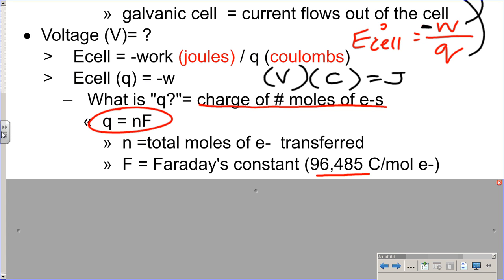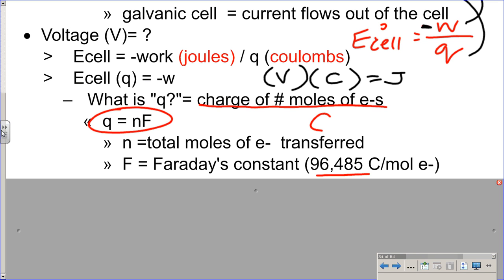Huge number. If we're rounding, I always just assume that's about 100,000. I can multiply by 100,000 a lot better than I can multiply by 96,485. Sometimes they'll say 96,500, if you're good with that, but you can always adjust your rounding. So what was the unit of Q again? Coulombs, right?